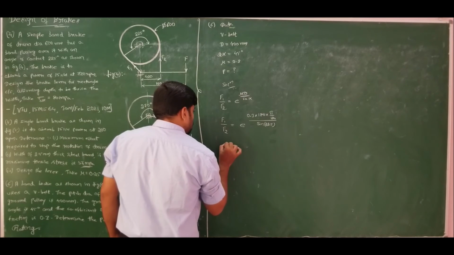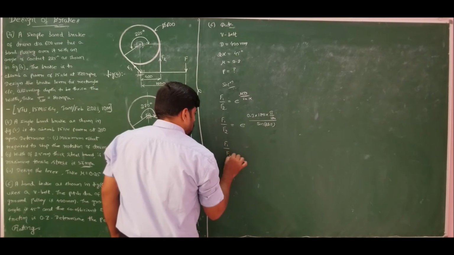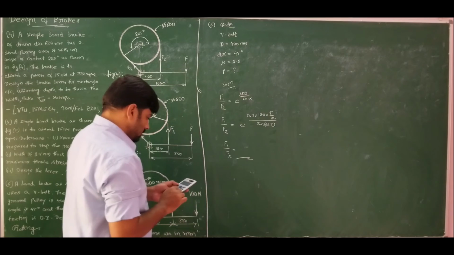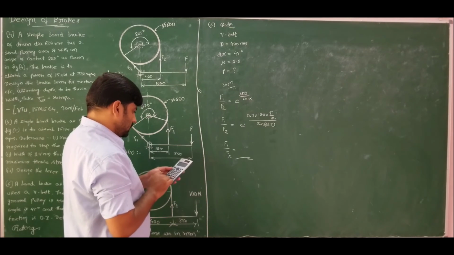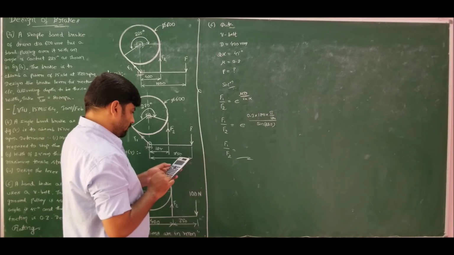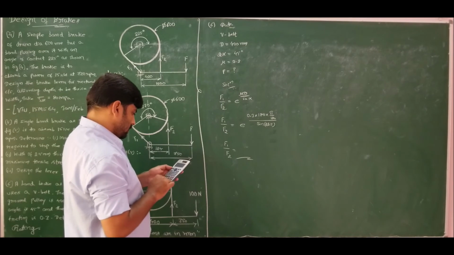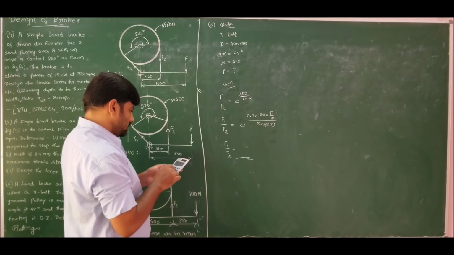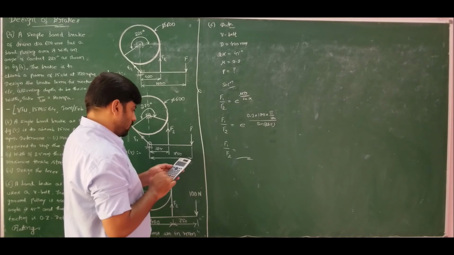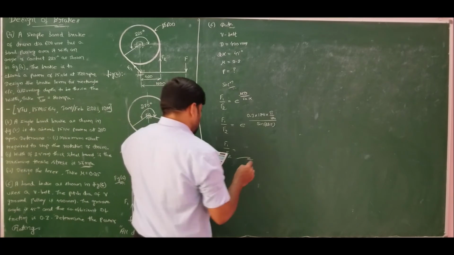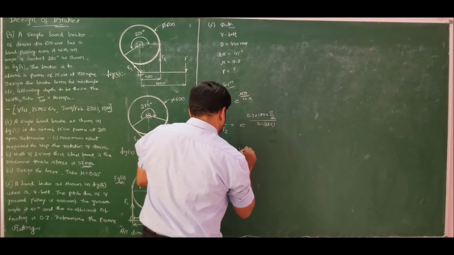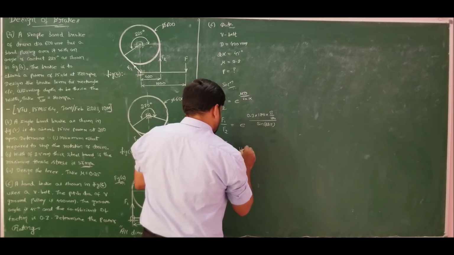So therefore, if I solve, I will get F1 by F2 as e to the power of mu, which is 0.3, theta is 180 into pi by 180 radians, divided by sin alpha for V belts, 22.5, which is turning out to be 11.74.